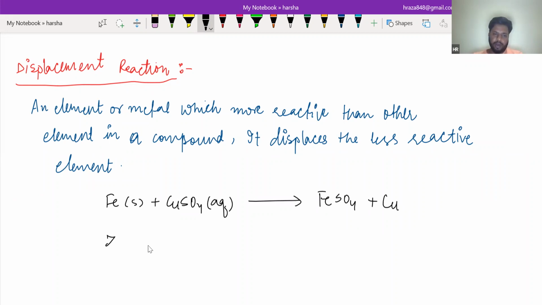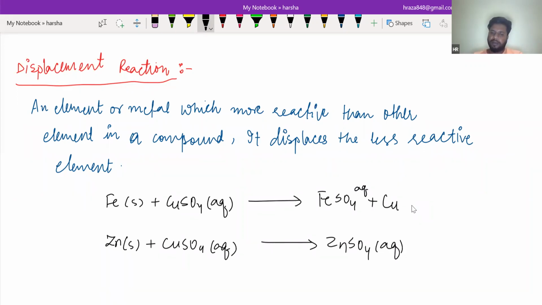Another example is Zn solid plus CuSO4 aqueous. Zinc will displace copper from its copper sulfate solution, forming aqueous zinc sulfate and solid copper.